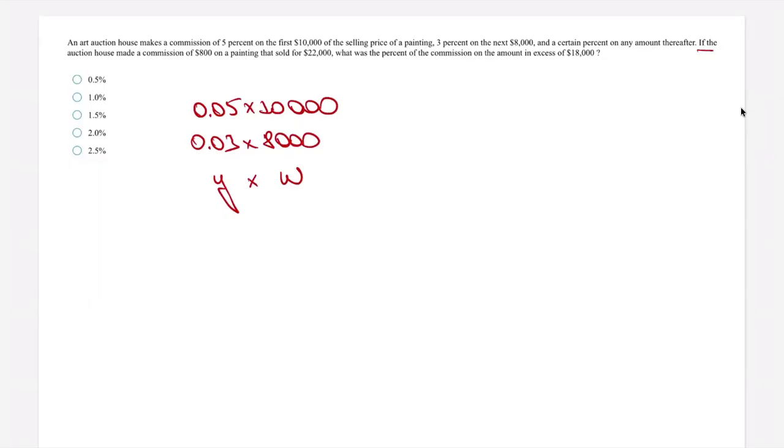If the auction house made a commission of 800, so when I calculate here, let me put it this way: 500 commission, 240 commission.